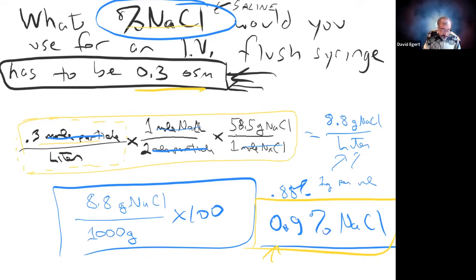And if you just do the math from moles of particles to moles of NaCl to grams of NaCl and do the ratio of the weights, which is how we do percent solution, you get that. Let me share screen to show you.